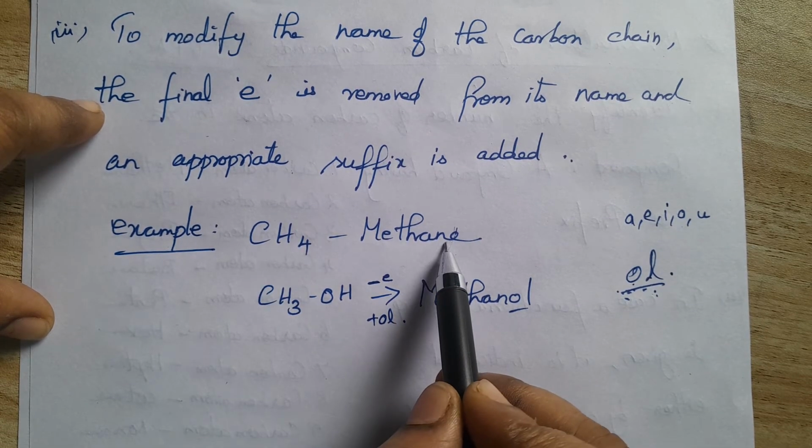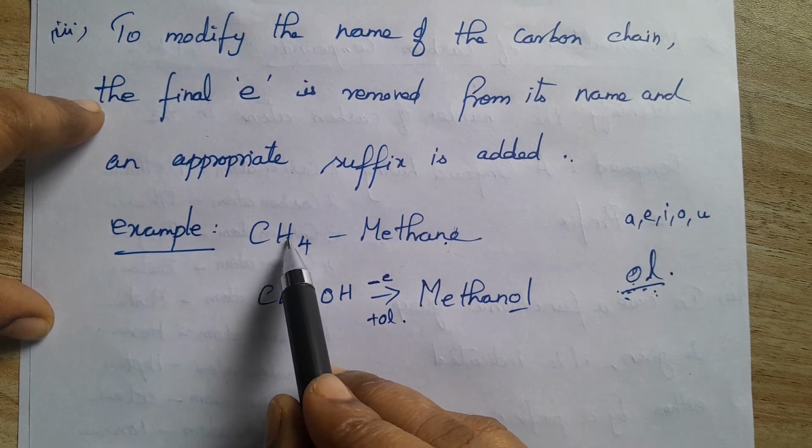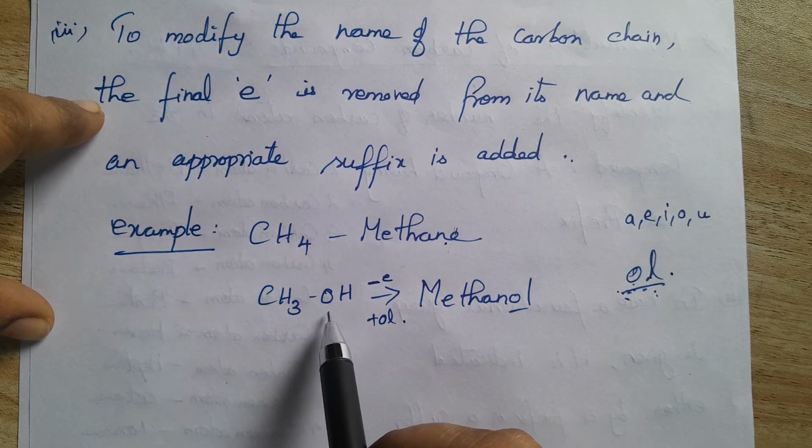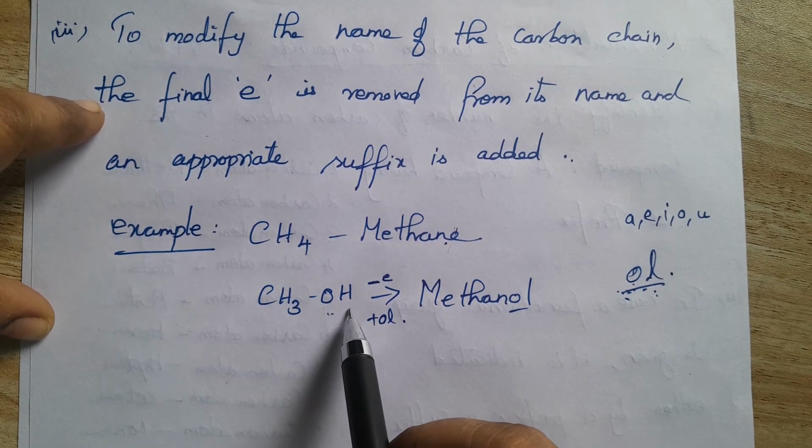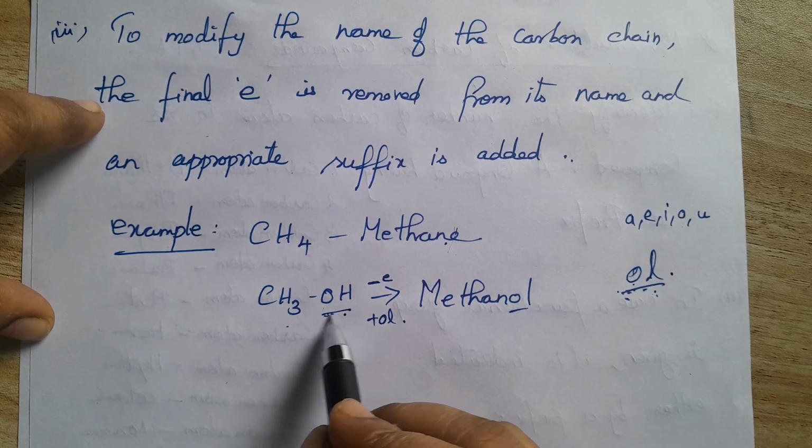This is methane in general. We replace one hydrogen with this functional group OH, and it becomes methanol. OH represents the alcohol group.